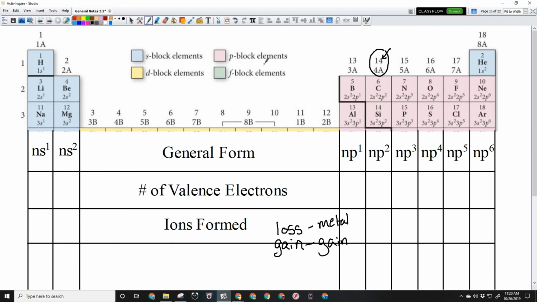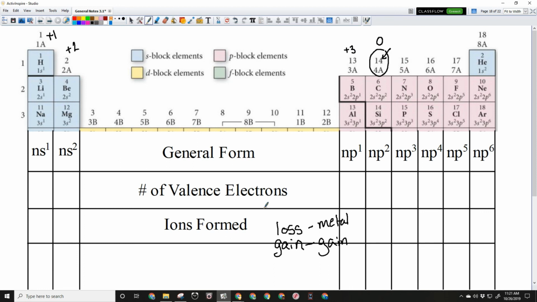There's a trend on the periodic table, and this is on your reference materials that you get. So this is going to lose one electron since it's in group 1, so it's going to be a +1 ion. The second one's going to lose 2, so it's going to be a +2 ion. And then it's +3. These don't form ions.